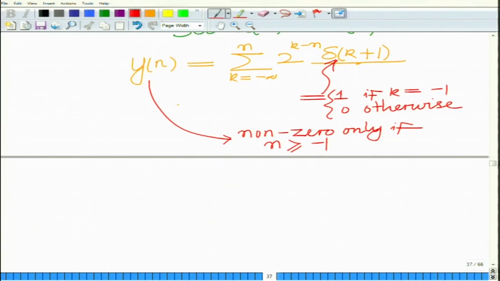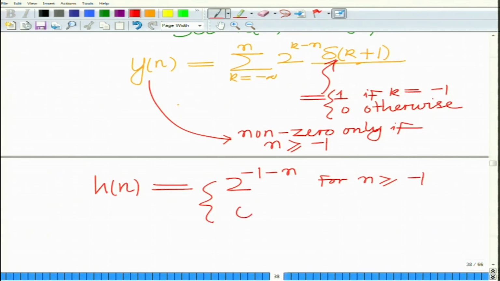In fact, for n greater than or equal to minus 1, the impulse response h[n] is non-zero only for k plus 1 equals 0, or k equal to minus 1. So, this will be 2 power minus 1 minus n for n greater than or equal to minus 1, and equal to 0 otherwise.